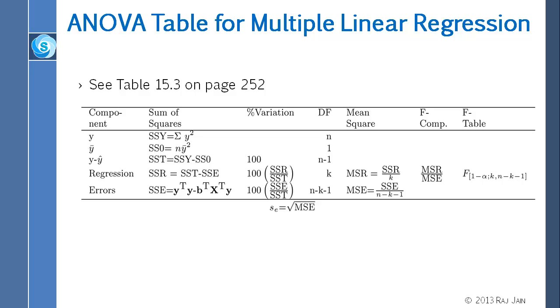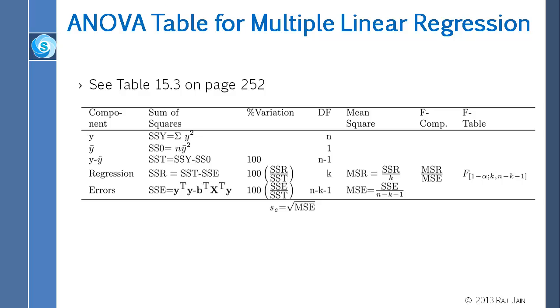The next row is y bar, the mean of y, with its sum of squares and 1 degree of freedom. The third row is the difference of the first two, y minus y bar: the sum of squares is the difference of these two, and the degrees of freedom is n minus 1.